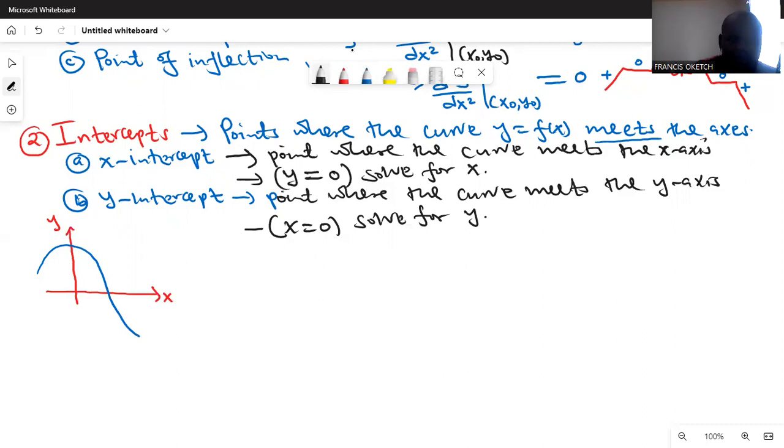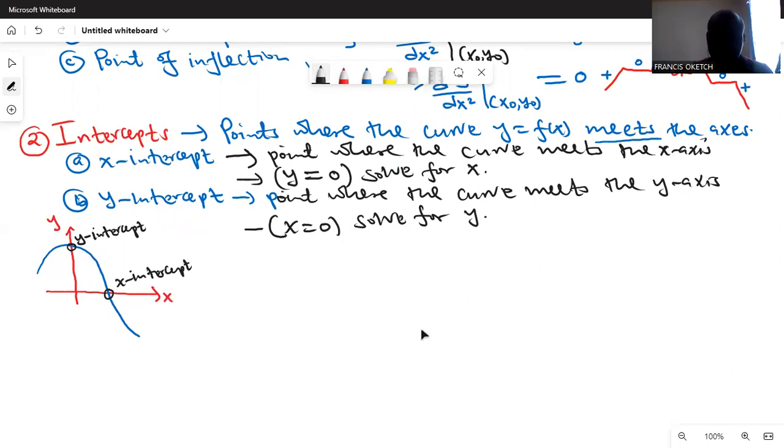So where it meets the y-axis, this is what I'm calling the y-intercept. Where it meets the x-axis, that is what I'm calling the x-intercept. So that is all about intercepts.